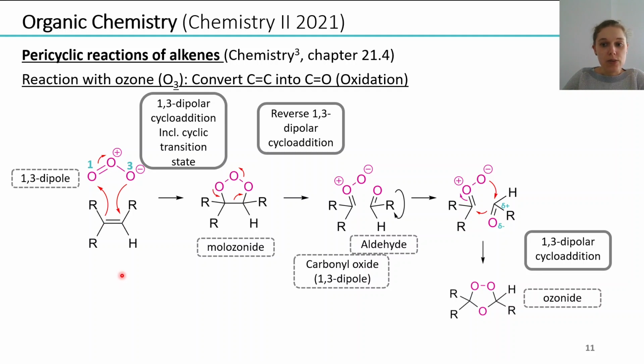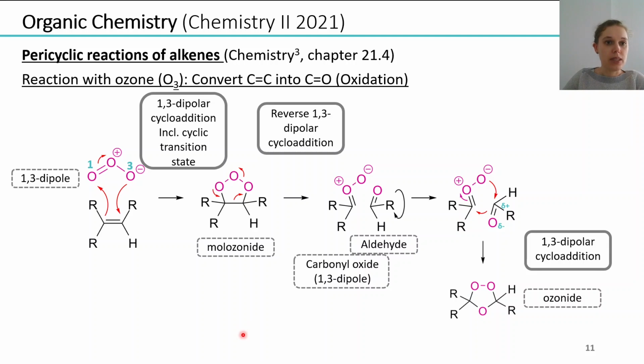And as the 2 oxygen atoms of the ozone, which are involved in the newly formed carbon-oxygen bonds, so this one and that one, have a 1,3 relationship, and ozone is a 1,3 dipolar molecule, this reaction is called 1,3 dipolar cycloaddition.